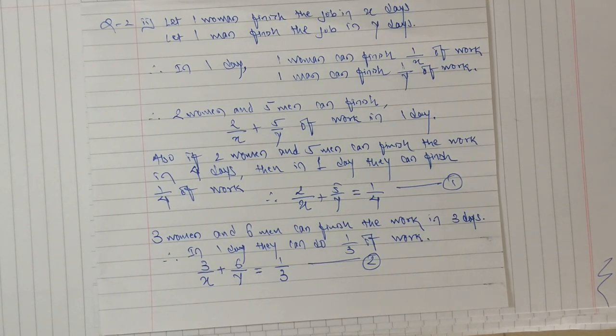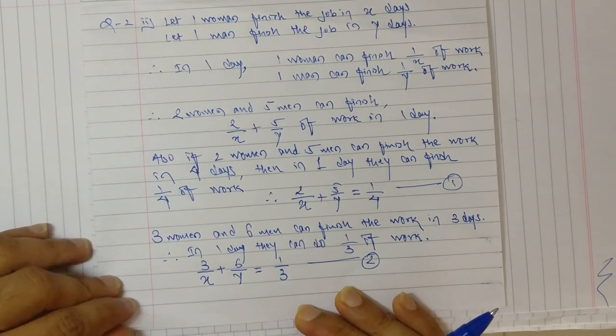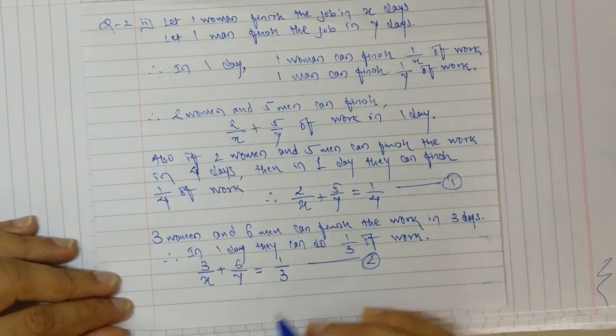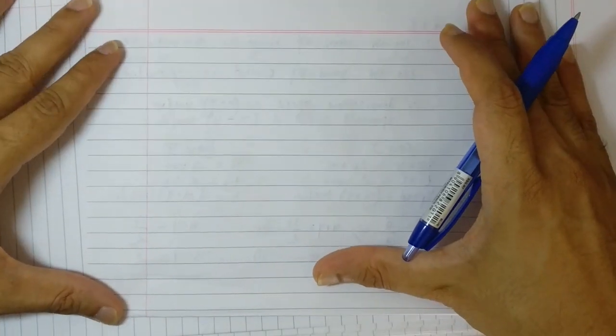Let's look at one more problem. This is, I think, a distance time problem. Little different, but we have to do it. So solve these two equations and get the value of X and Y. You know how to solve it now, right? Okay, so next question.